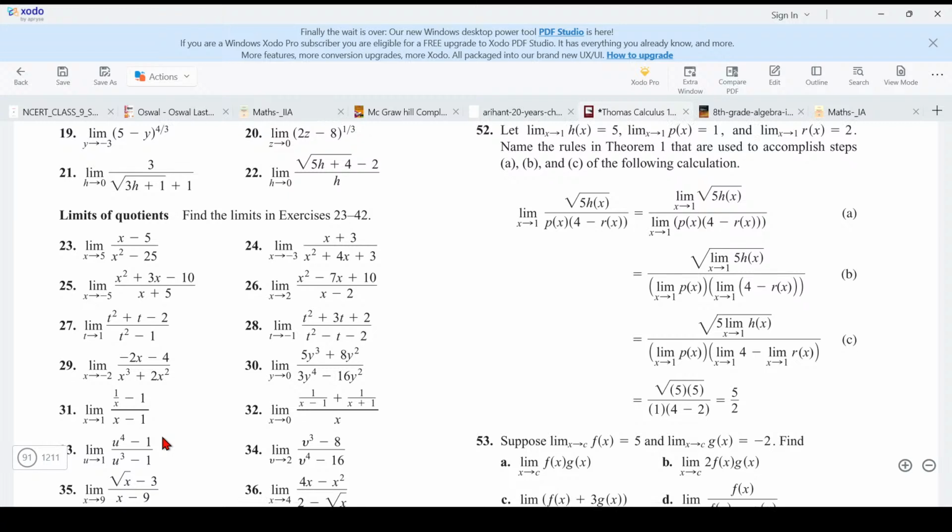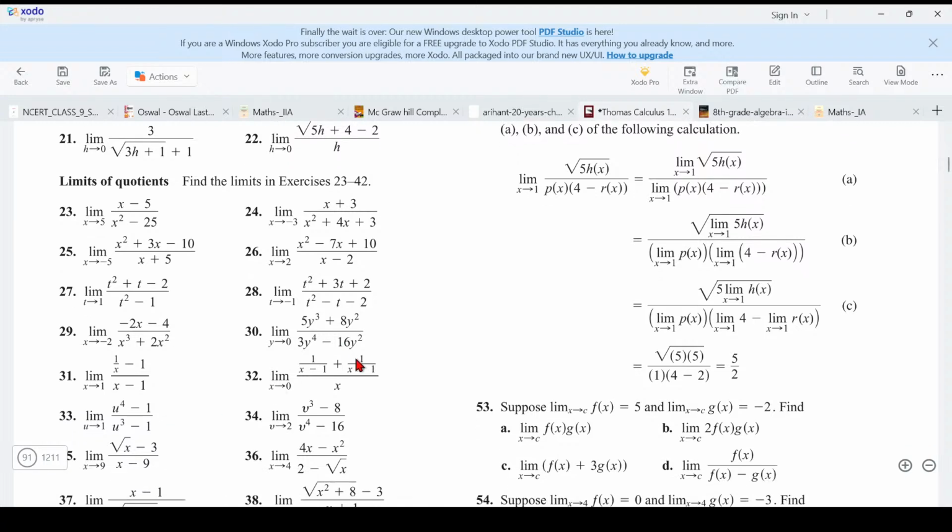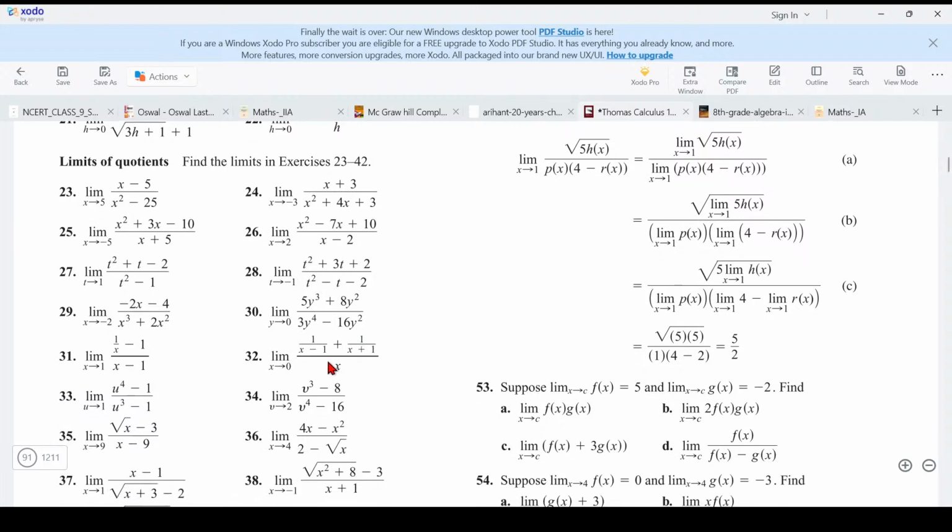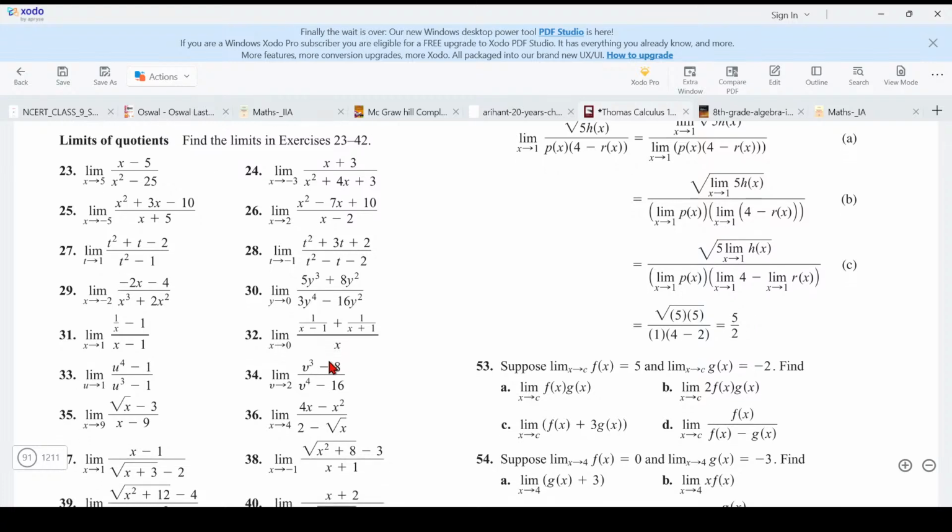Okay. So, similarly, question 32. Same way, what will you do? Do question 32 and tell me what exactly is the limit.